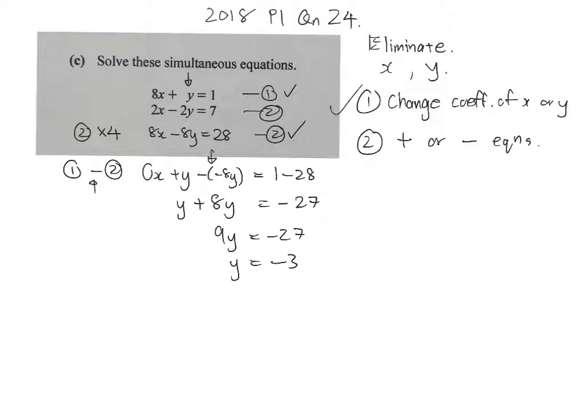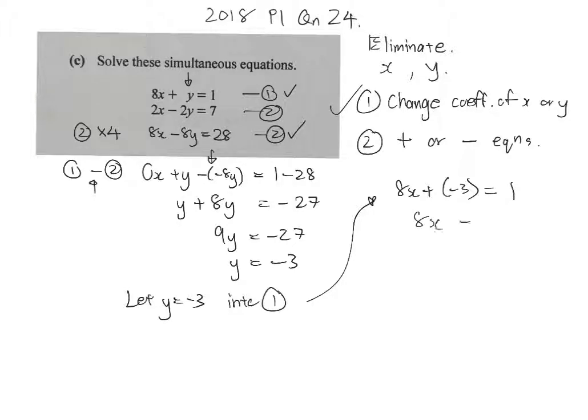So with this value of y, I let y be negative 3 into any of the equations. You can find your x. So let's say I substitute into number 1. What do I get? I get 8x plus negative 3, which is the y that we just found. And then we can find x.